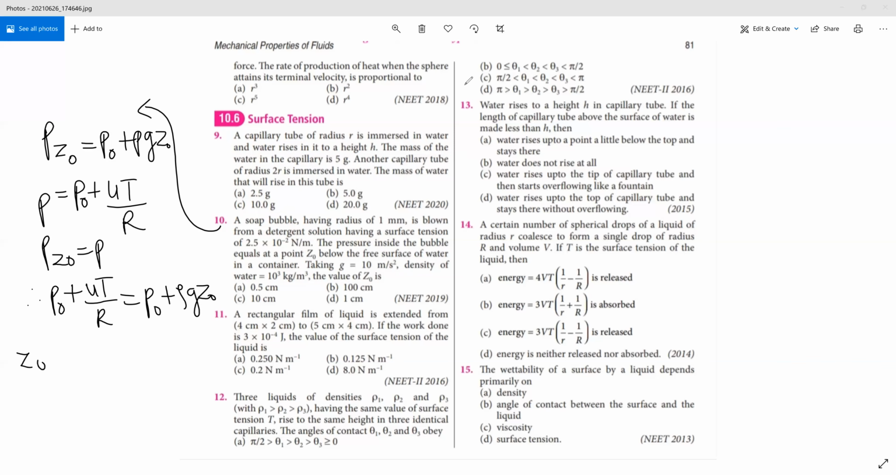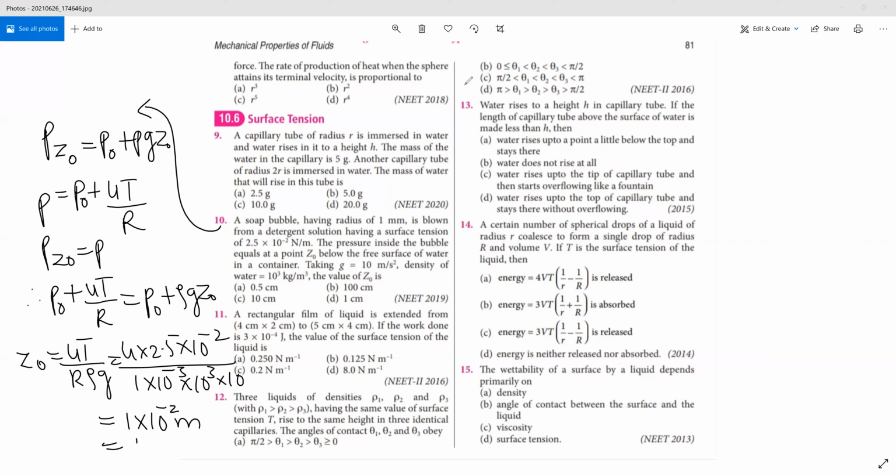Therefore, z0 is equal to 4T divided by r rho g. That's equal to 4 into 2.5 into 10 to the power of minus 2 divided by 1 into 10 to the power of minus 3 into 10 to the power of 3 into 10. After simplification, we get 10 into 10 to the power of minus 2 meter, which is equal to 1 centimeter. Therefore, for the 10th one, this is the right answer.